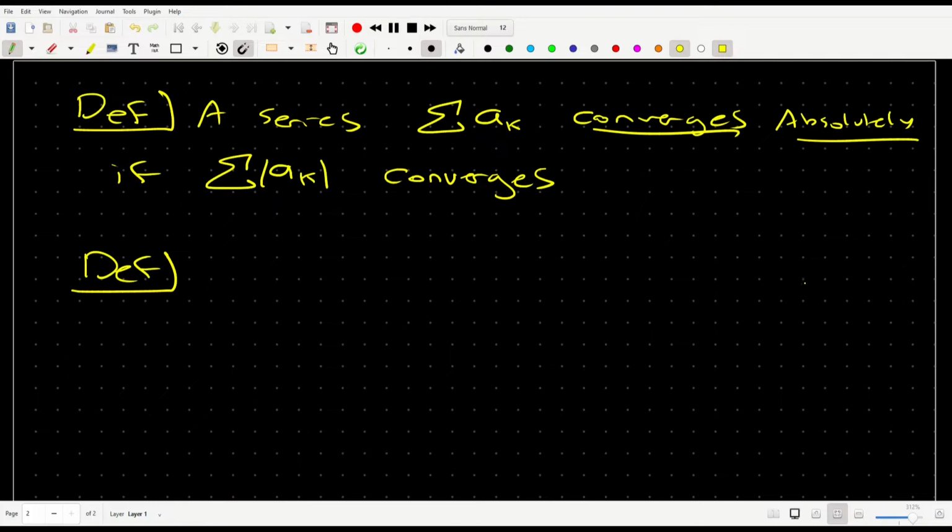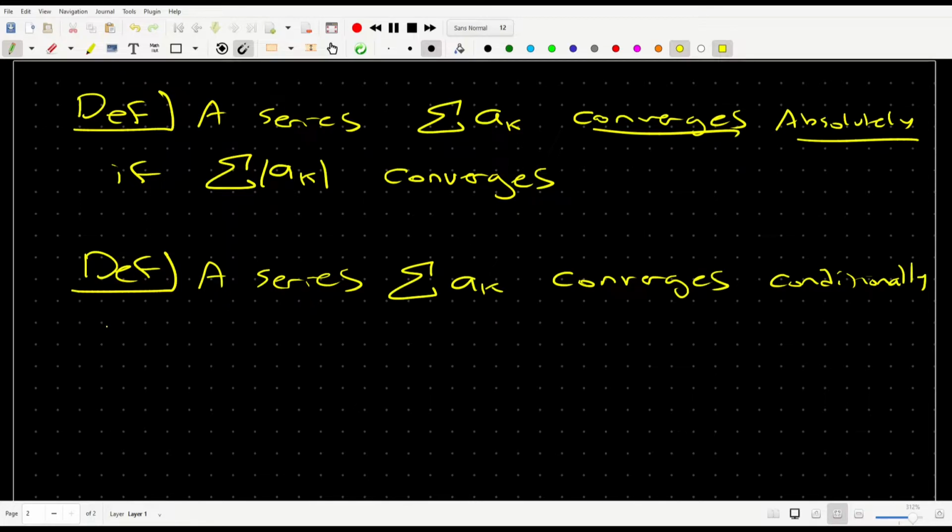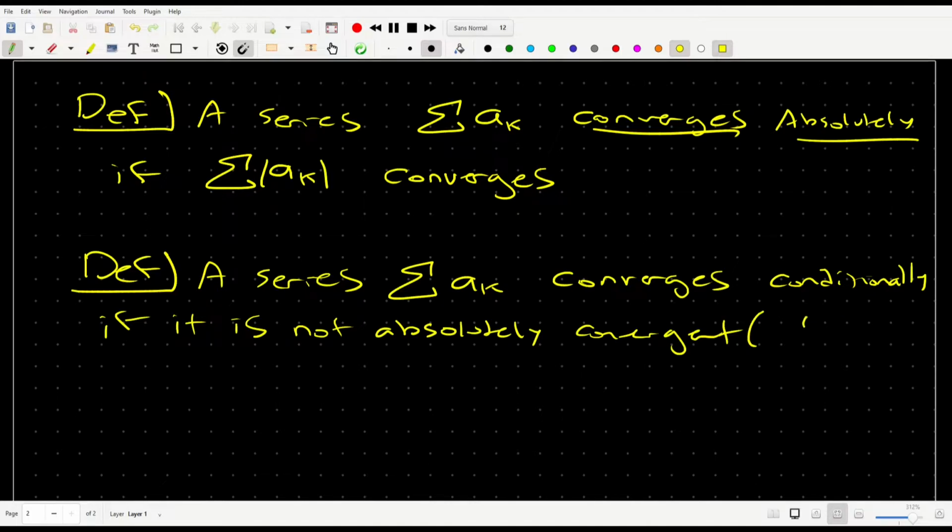We also have that a series converges conditionally if it is not absolutely convergent, so the sum of the absolute values diverges, but it is convergent.